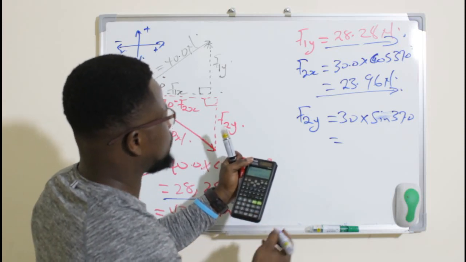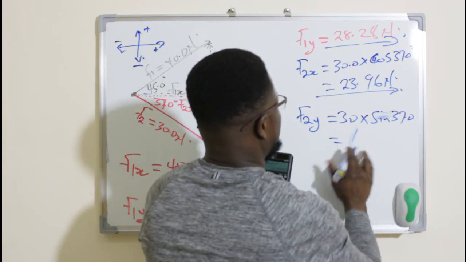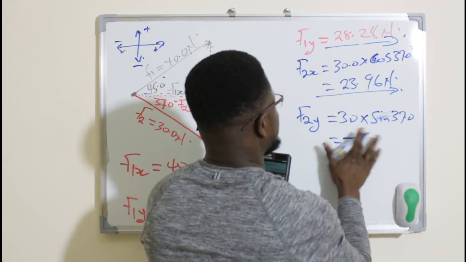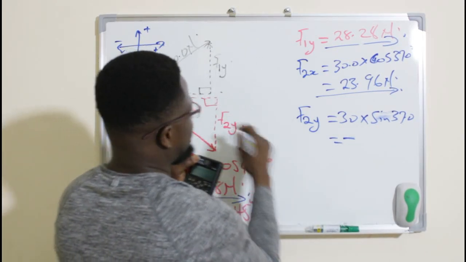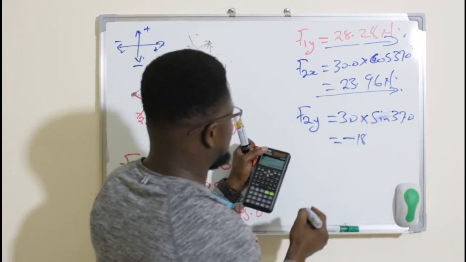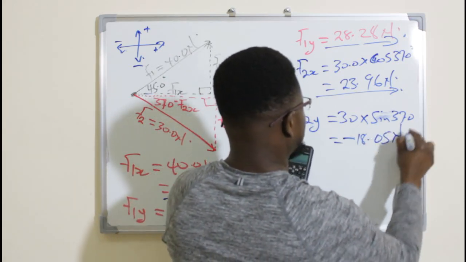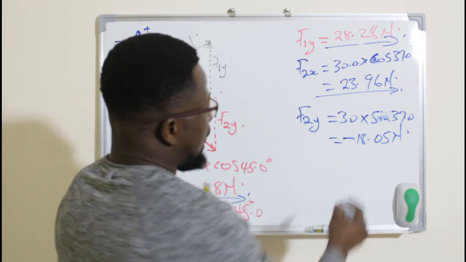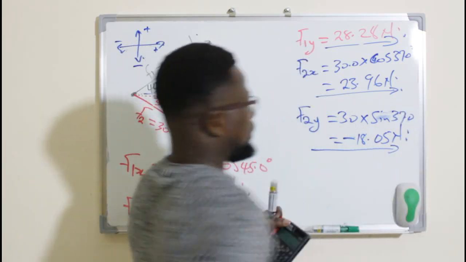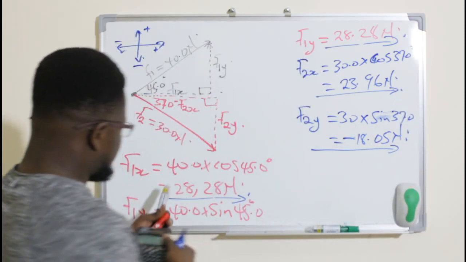And we expect to have a negative answer for that because it is in the fourth quadrant there. So we're going to have negative 18.05 newtons. This is also the answer for the other side.